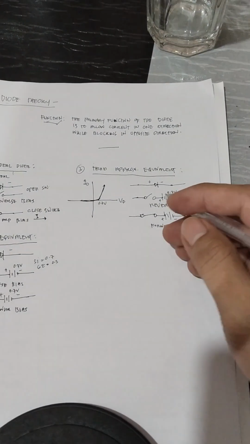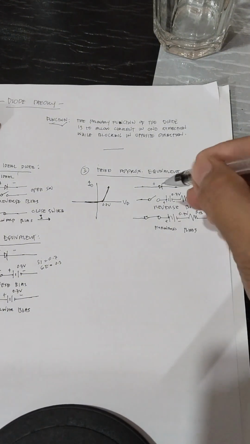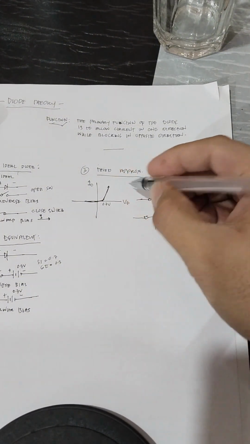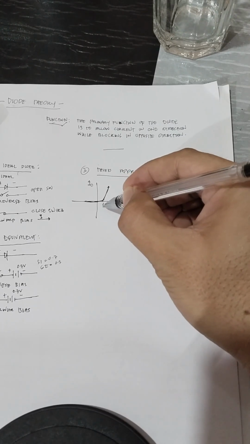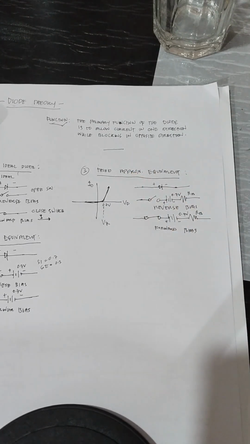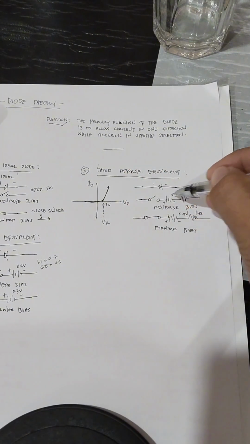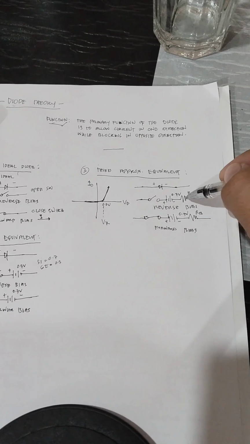And then for the third approximation, this is the knee voltage. We have a switch and source plus resistance.